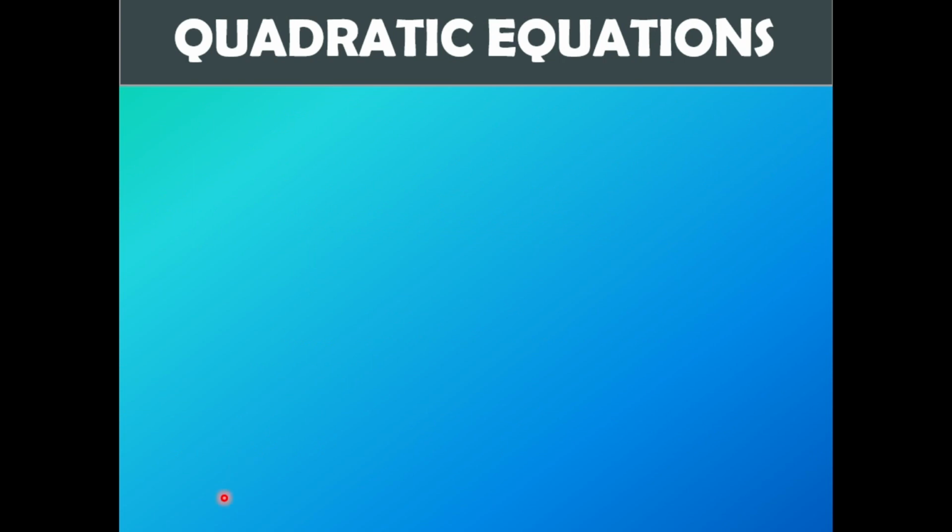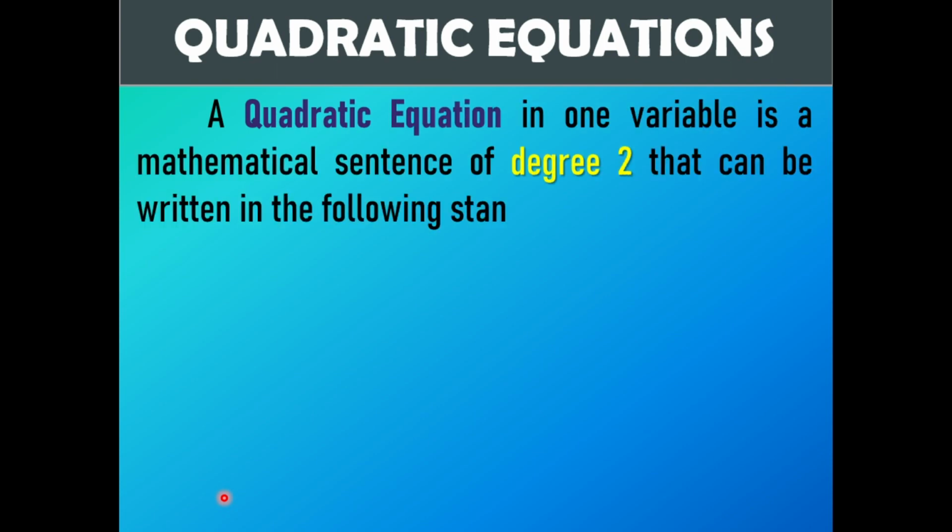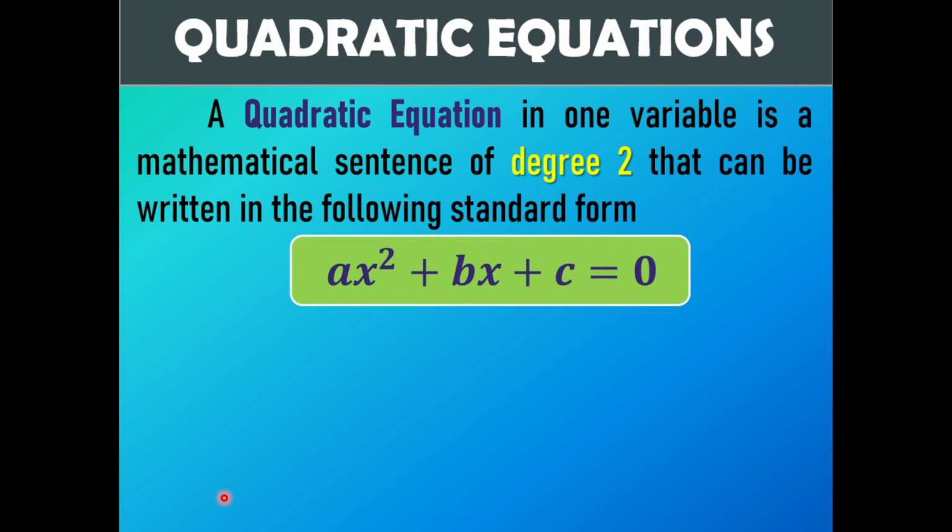Now let's go to our main topic, the quadratic equation. Here is the definition of a quadratic equation. A quadratic equation in one variable is a mathematical sentence of degree 2 that can be written in the following standard form: ax squared plus bx plus c equals 0, where a, b, and c are real numbers and a must not be equal to 0.